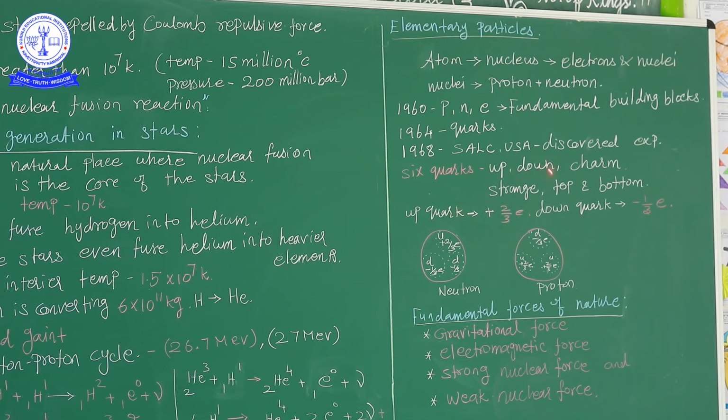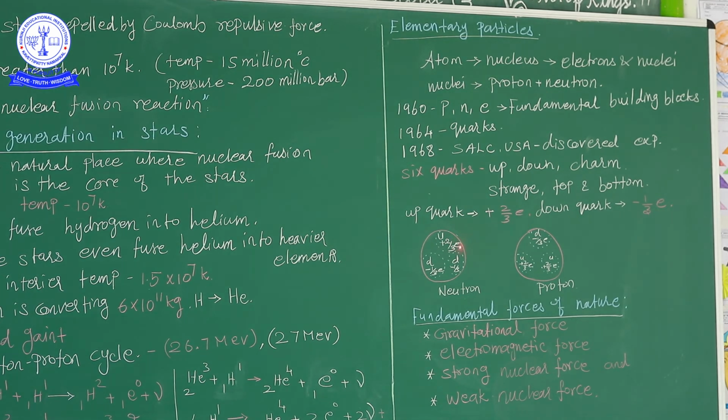Quarks all have fractional charges. For example, the charge of the up quark is plus 2 by 3 of the electron charge, and the down quark is minus 1 by 3.